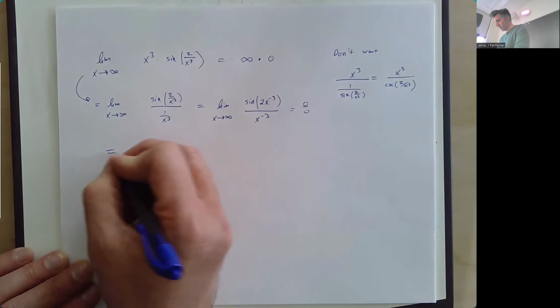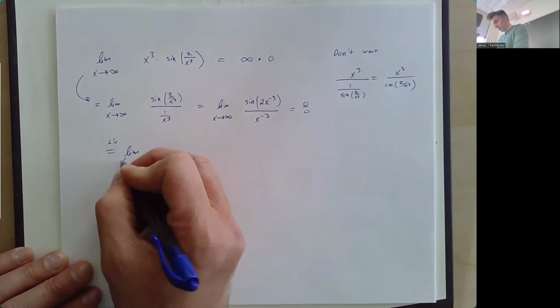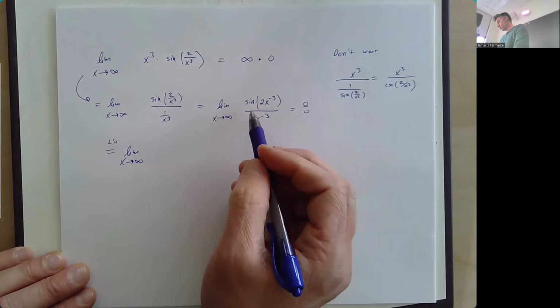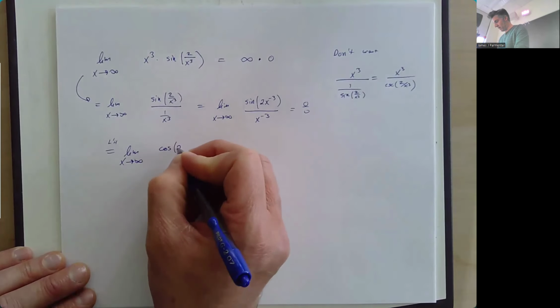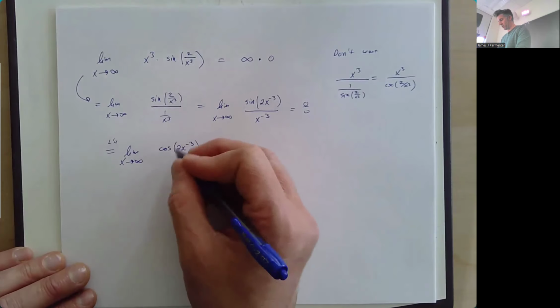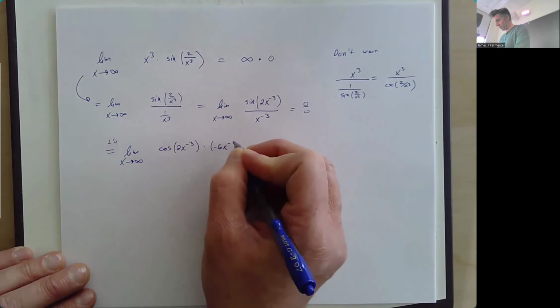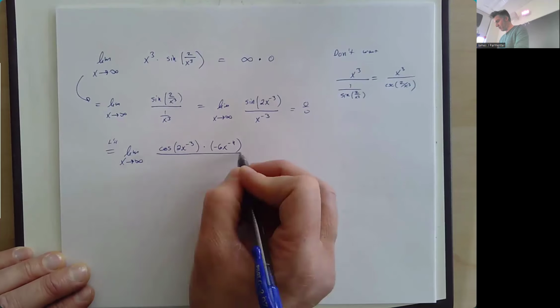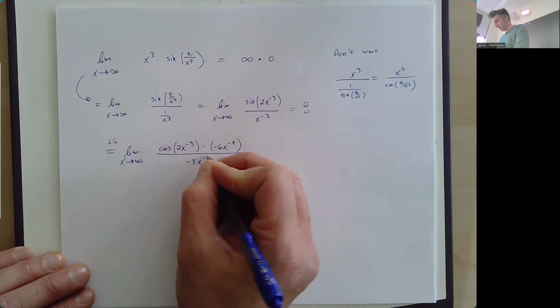And if we use L'Hopital's rule, we still have a limit. The derivative of sine of some stuff is cosine of the stuff times the derivative of the stuff. And the derivative of 2x to the negative third is negative 6x to the negative fourth. On the bottom, the derivative of x to the negative third is negative 3x to the negative fourth.